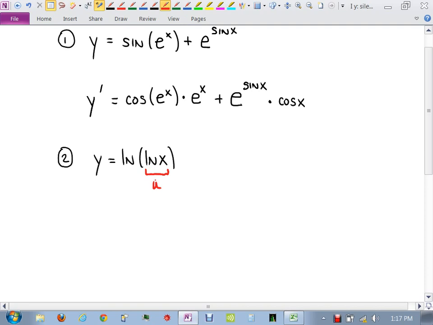The derivative of natural log of u is 1 over u, right? So 1 over whatever was there, natural log of x, times the derivative of the u. But the u is a natural log of x, right? So what's the derivative of natural log of x? 1 over x. So you could put it together and put 1 over x ln x.